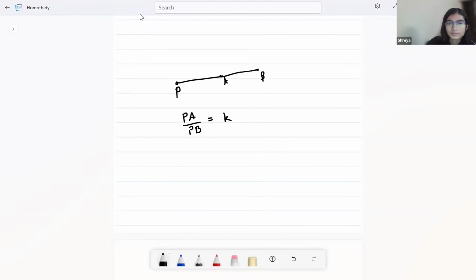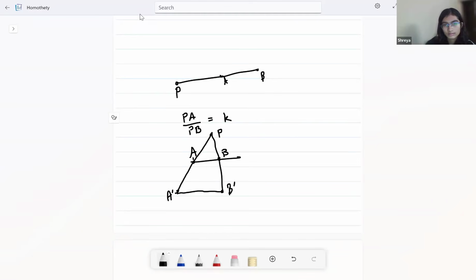So for instance, we can look at a line in general, and if we take a homothety through P, and then this point A goes to A prime, and we have another point B which goes to B prime, then a line goes to another line. So if we take this and the image of this, then these two will also be collinear.